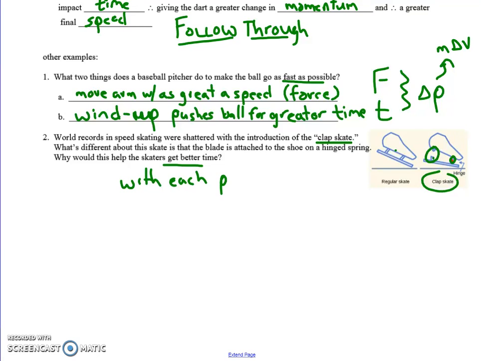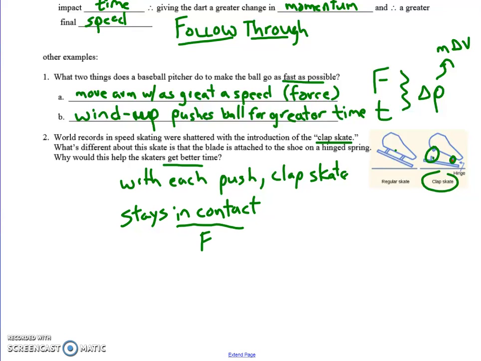So with each push, the clap skate stays in contact for a longer period of time. So in contact, that's your force, right? For more time.